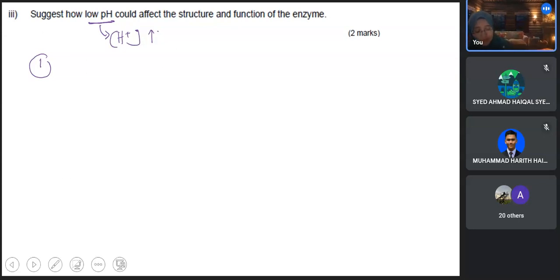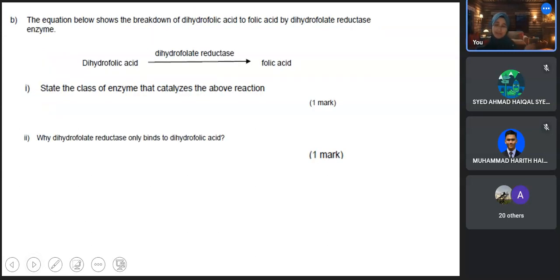So that is the consequence. High hydrogen ion concentration lowers the rate of reaction because it alters the ionic charges and breaks the ionic bonds in the active site, causing the enzyme to be denatured.